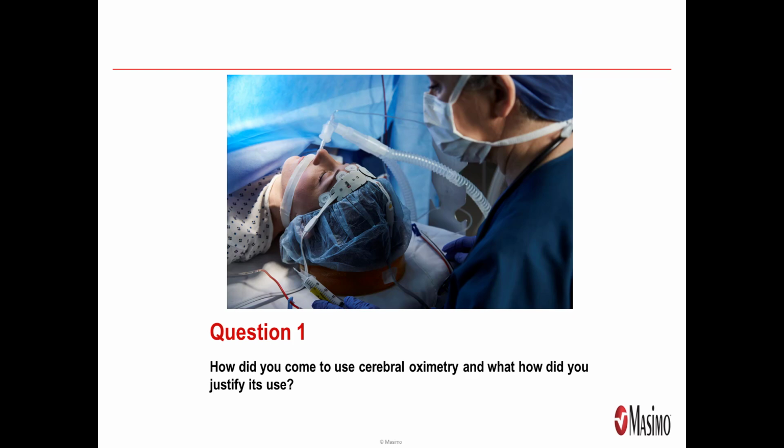We've been using oximetry in the hospital where I work since 2002. Initially, the only way we were able to obtain brain oxygenation monitoring was using a retrograde jugular catheter, and using this we were able to get some intermittent blood measurement of jugular venous bulb oxygenation.